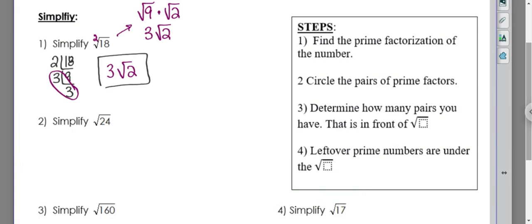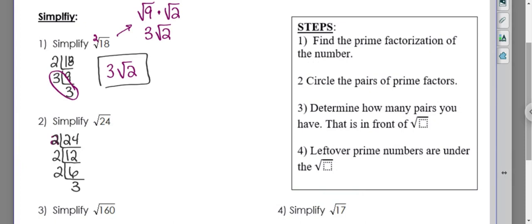So if we look at this with 24, I can divide that by 2, which leaves me with 12. I can still divide that by 2, which leaves me with 6. And I still can divide that by 2, which leaves me with 3.